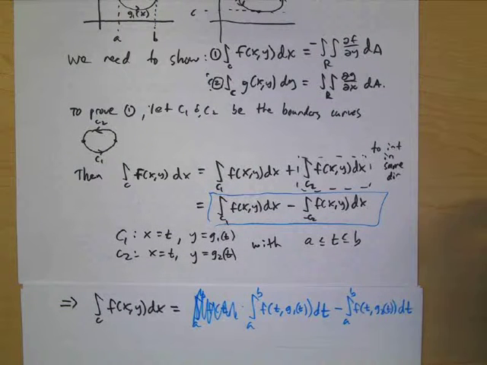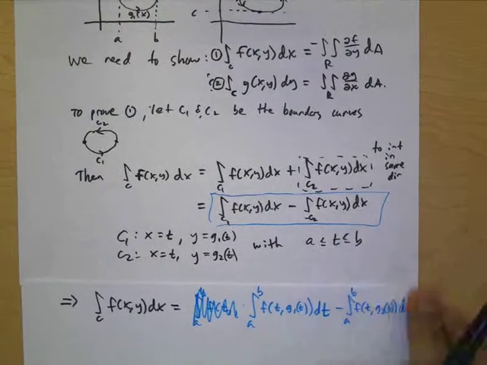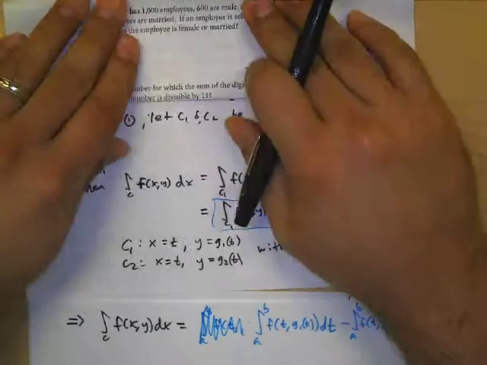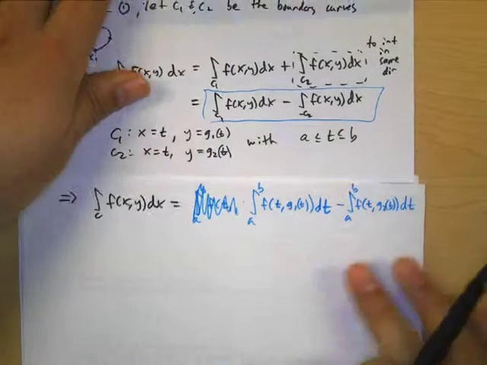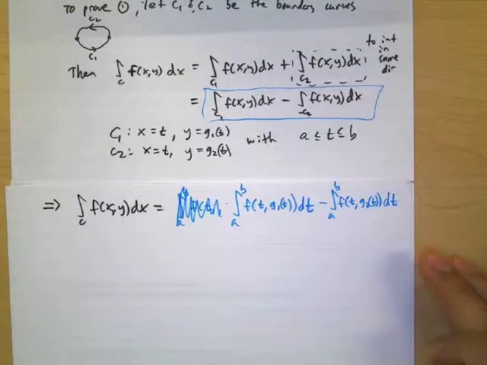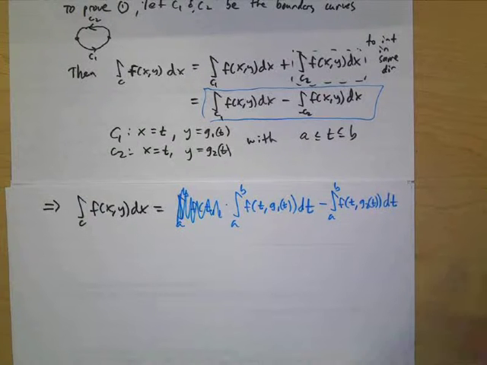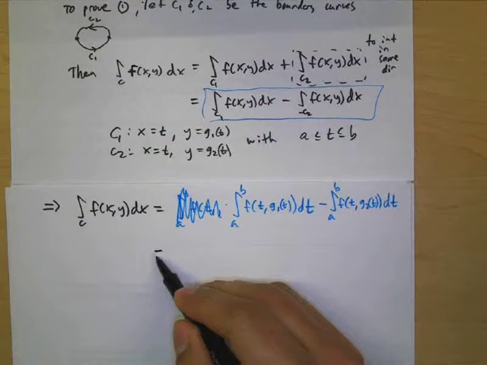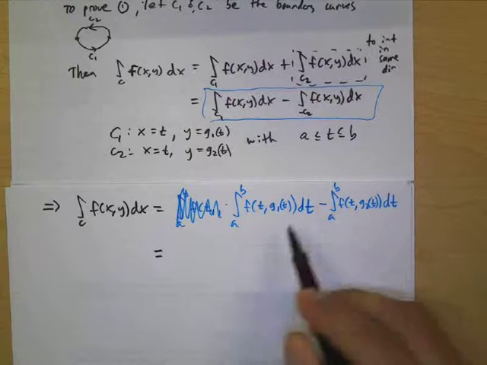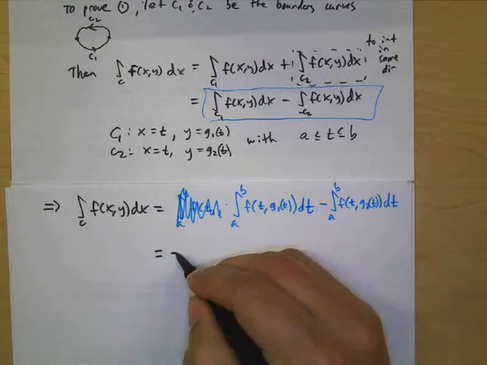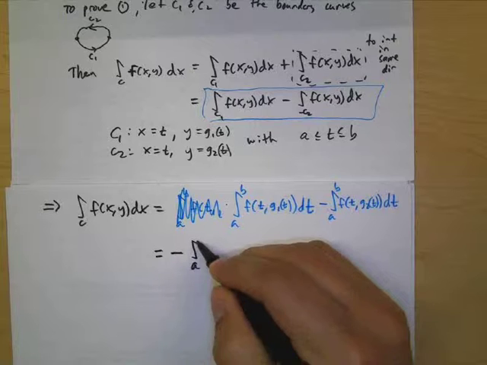Okay, so now our job is basically to take the stuff that's in the blue there and try to somehow explain where this double integral can get substituted for it. So one thing that we can do is rearrange things in terms of one integral, and what I'll do is take out a negative. I mean, why not?